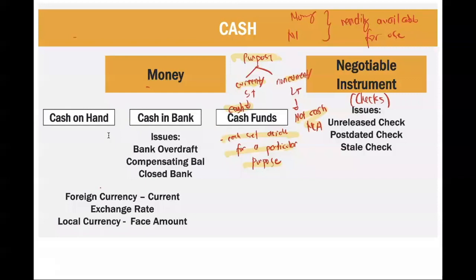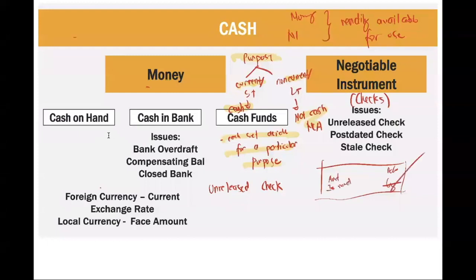First, we have your unreleased check. So what is an unreleased check? I hope you already know what a check is, or that you have seen a check. Let's say you have already signed it. This is the check: the date, the amount, the amount in words, and then your signature.